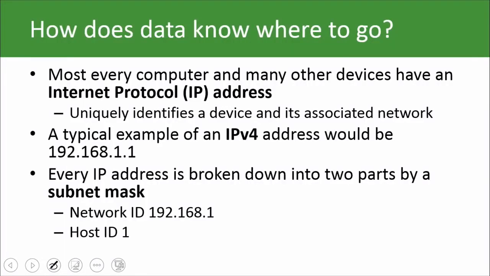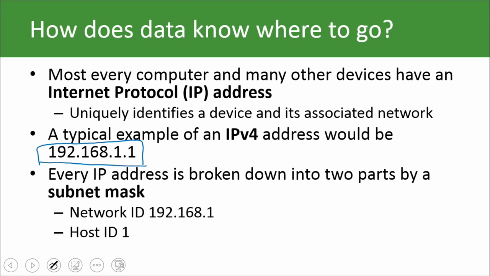All right, so how does data know where to go? Well, we mentioned IP addresses, right? Those are logical addresses that uniquely identify a device and its network. So an example here would be 192.168.1.1. Every IP address is broken down into 2 different parts by something called a subnet mask, which we'll detail here in a little bit.